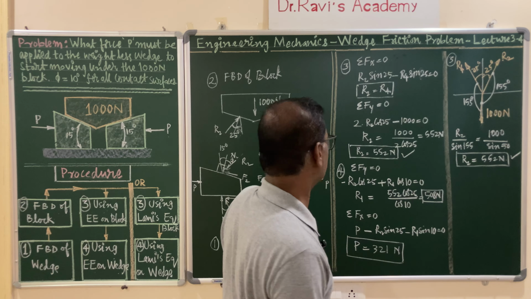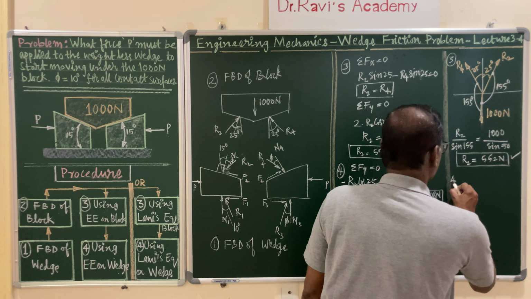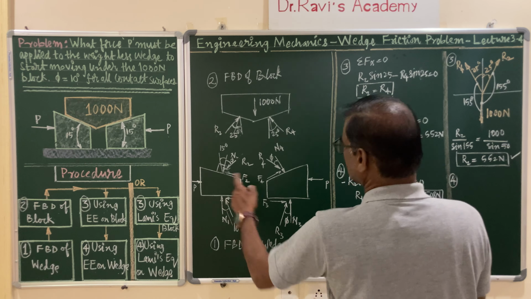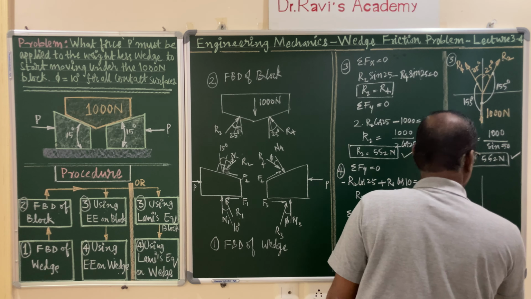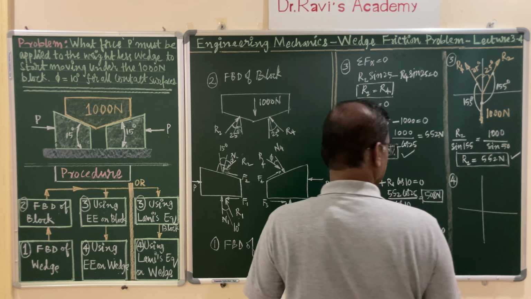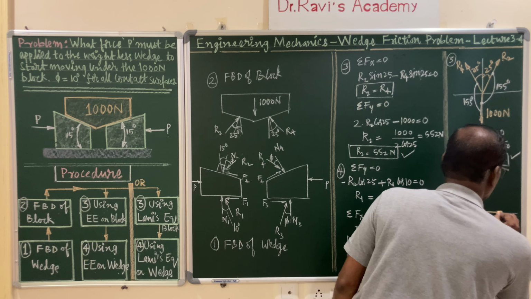Now, lastly, the fourth step: again you have to represent all the forces on the coordinate axis. Here P is the horizontal force to the right.